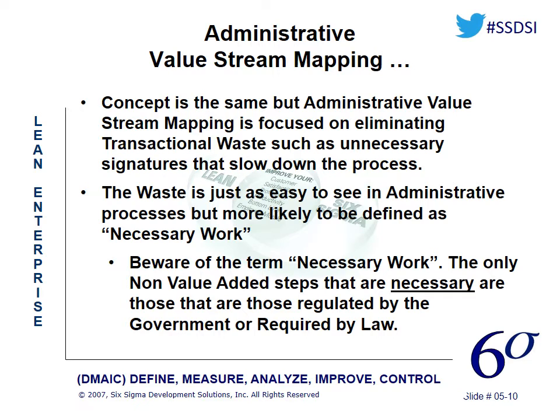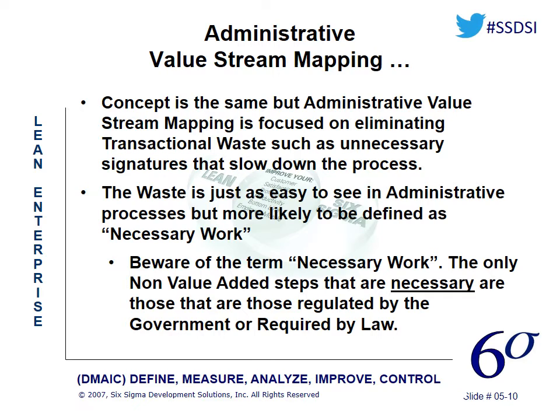Administrative value stream mapping is just slightly different than industrial value stream mapping. In administrative value stream mapping, especially in service processes, what we're most interested in is time and money. Those are really the two continuous metrics that we're mostly interested in.